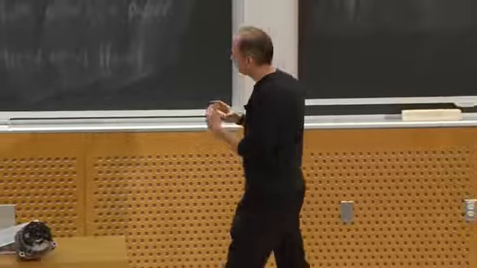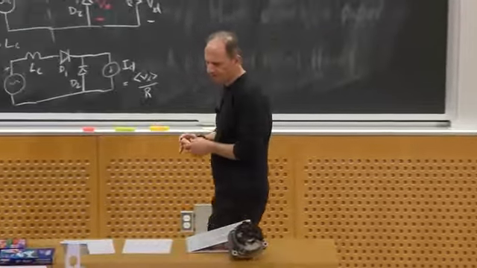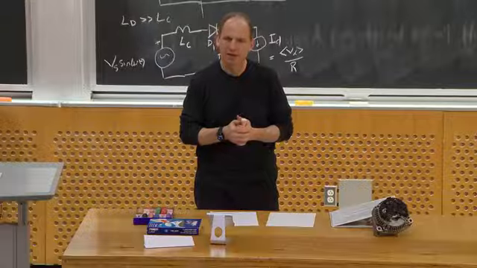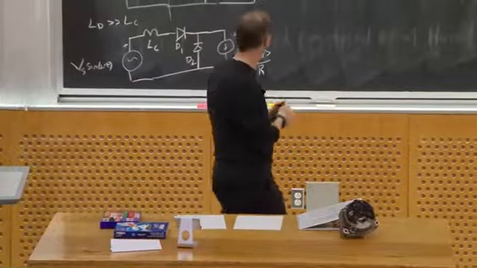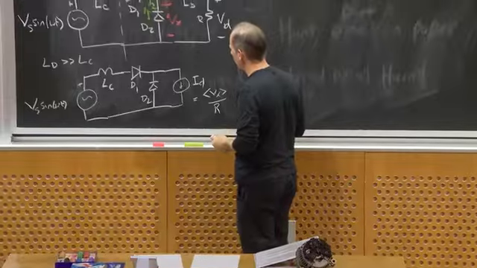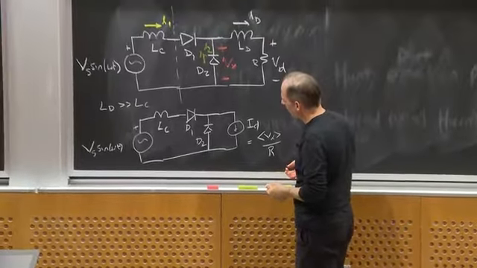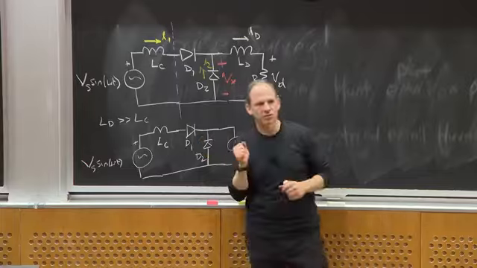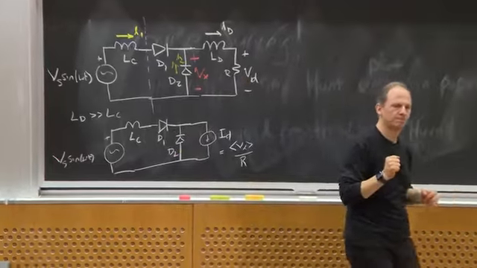So what do I have in this circuit? Well, what I want to do is go through and analyze the behavior of this circuit over time, just the way we did before. And if I think about it, I have two diodes. There's four possible states.